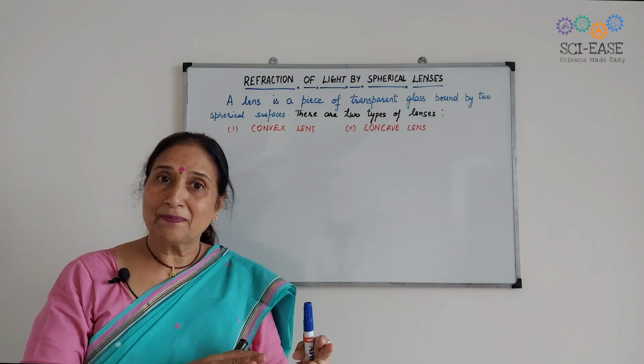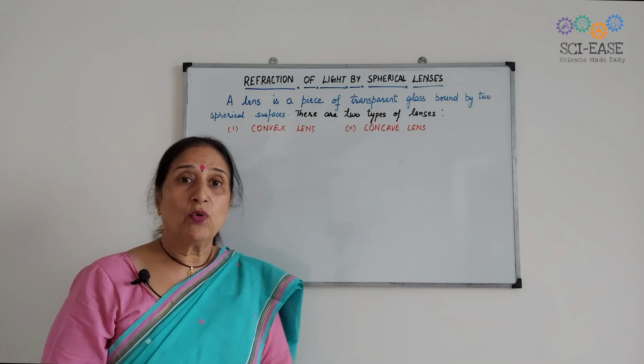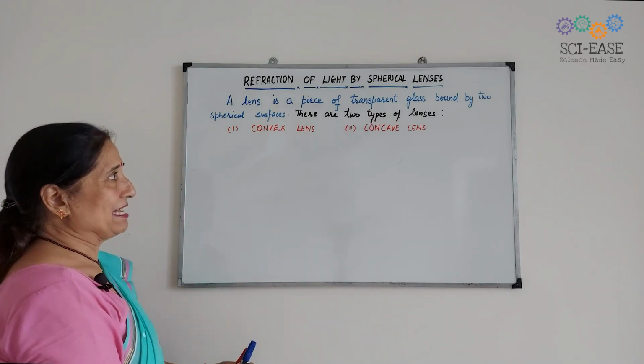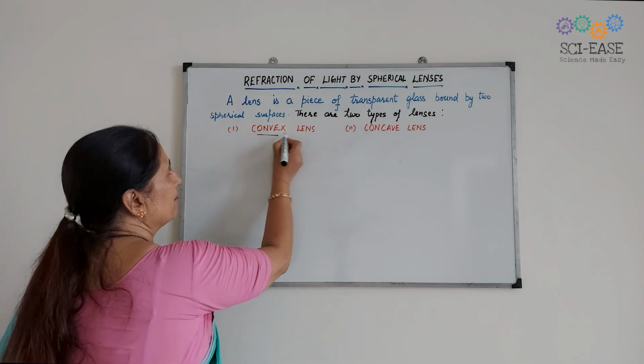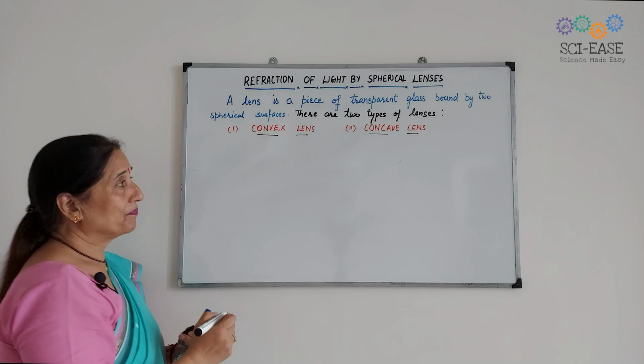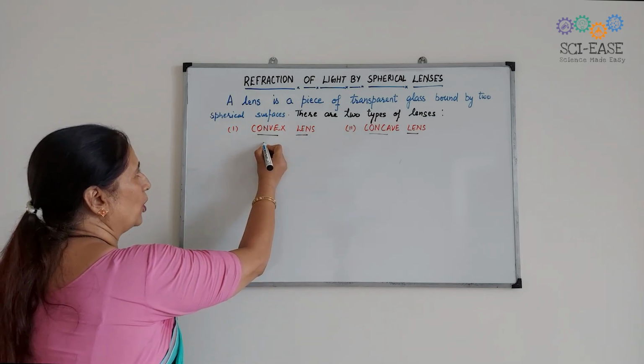Like mirrors, lenses are also of two types. First is the convex lens and second is the concave lens. So what is the convex lens? First I will draw that.